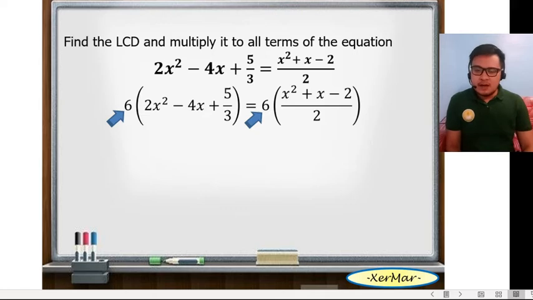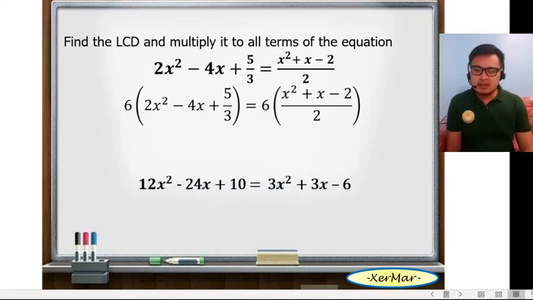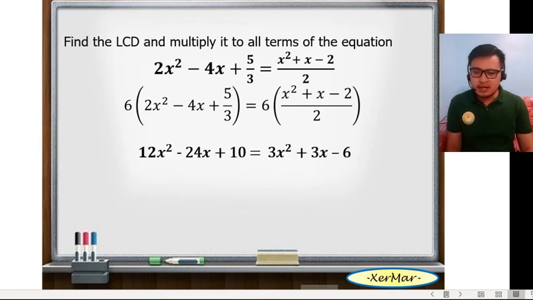And, take note class or students na yung fractional part lang sa kaliwa ay yung 5 over 3. So now, i-multiply na natin at ang magiging sagot dyan is yan. Okay, naka-flash na no? Pero isa-isahin natin yan kung paano yan siya nakuha.